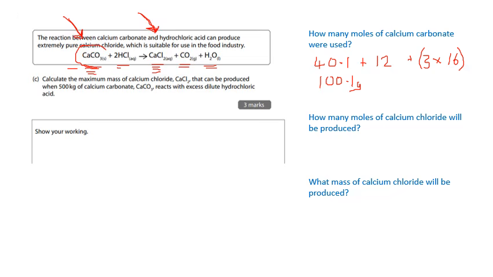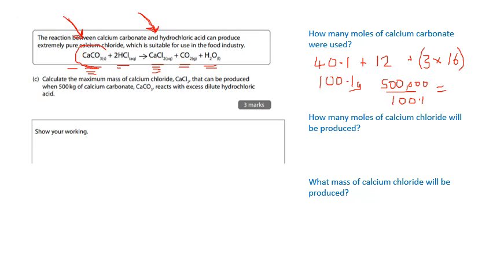We've got 500 kilograms of it. So 500 kilograms, now we can do it in grams or you can do it in kilograms, I don't care. So I'm going to do it in grams. So 500 kilograms is 500,000 grams divided by 100.1. And that means how many moles have we got?